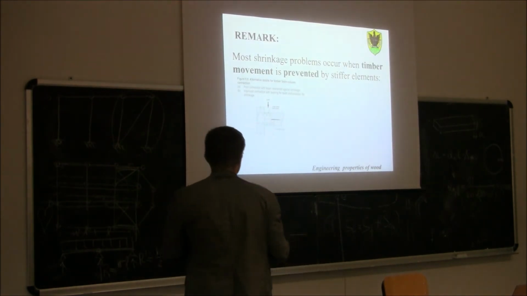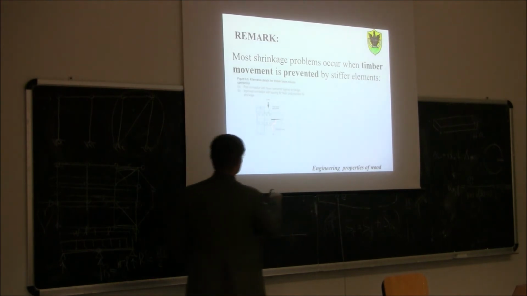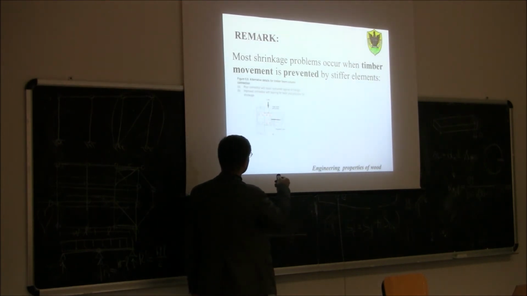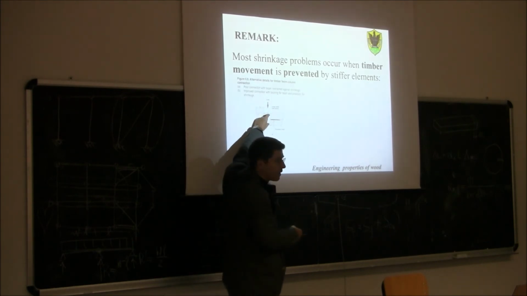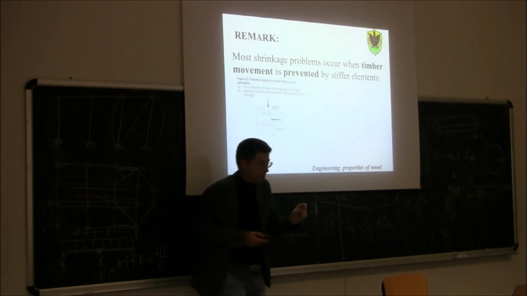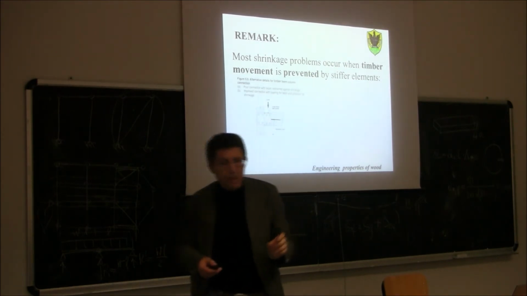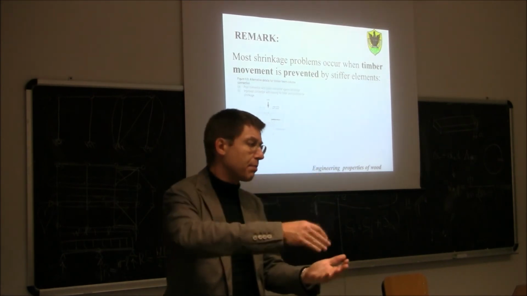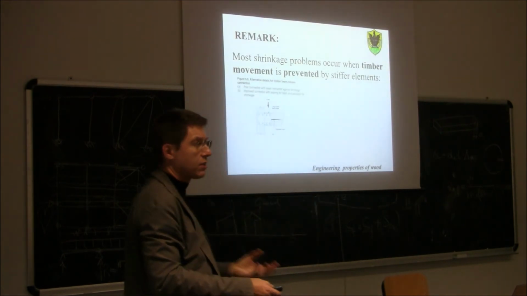But irrespective of that, you can see that since we basically constrain these two fibers of wood to keep this distance fixed over time. Why is that? Because you see this plate is very stiff. The steel plate is much stiffer than the timber perpendicular to the grain. And the bolts are very stiff.